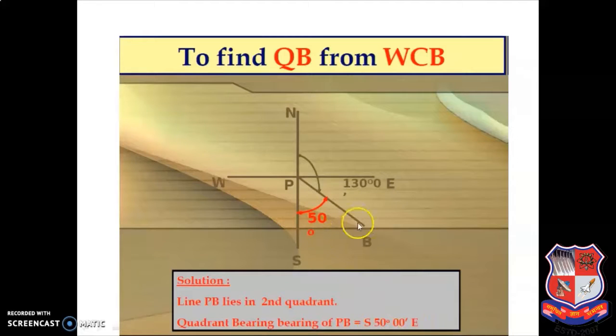And why south is because this line, as I already told you, PB line is approaching towards the south pole. So whenever your line is approaching towards the south pole, you have to write it this way: south 50 degree east. So from the figure itself you can easily calculate your answer. No need to remember the formula even.